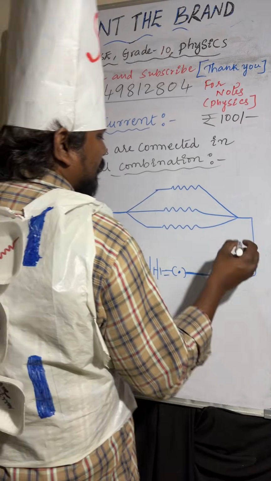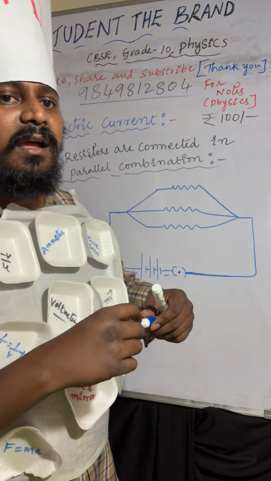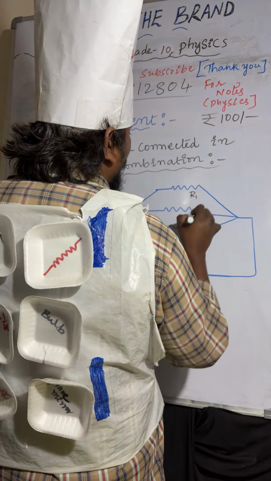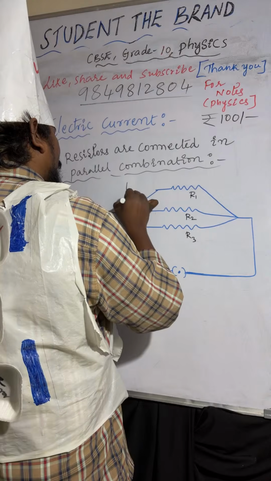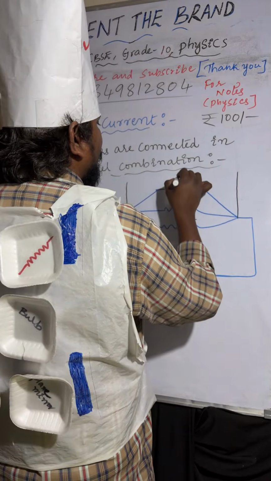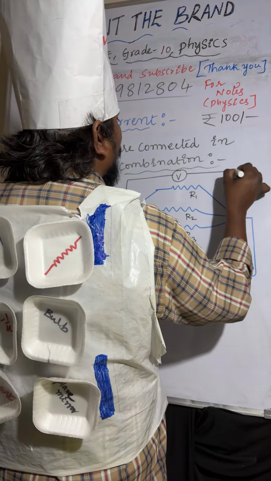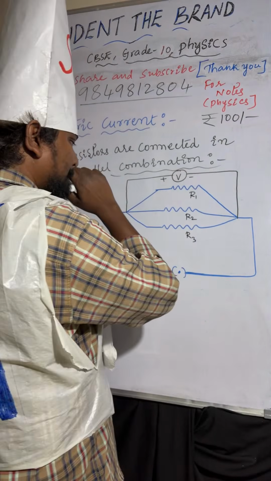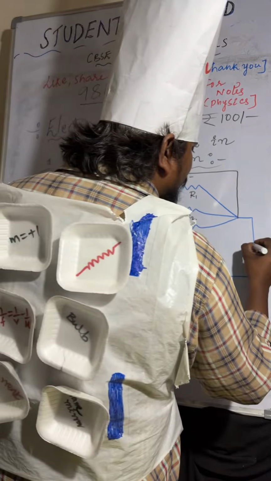So positive terminal, negative terminal, current is flowing through R1, R2, R3. Across R1, R2, R3 we are connecting potential difference like this. So current is passing, so here is I, and here also I.